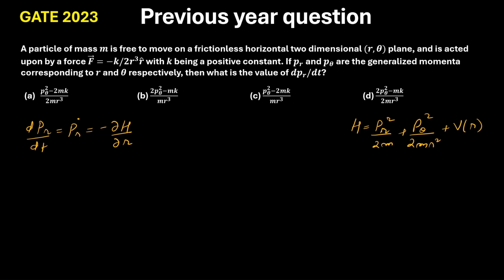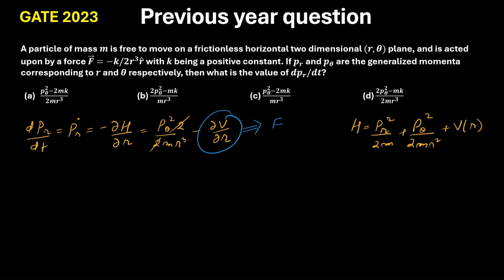So if I differentiate this, I will get p_theta squared by 2m r cubed, and you'll have a factor 2 here, so that minus minus becomes plus, then minus del V by del r.